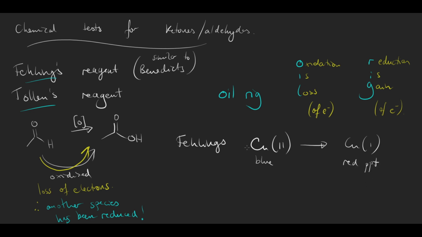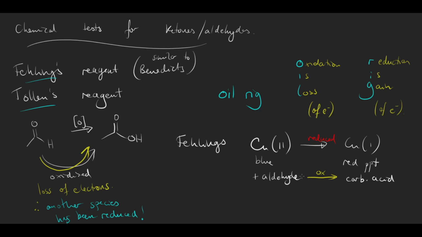So if I add my aldehyde, it is oxidized, so I end up with a carboxylic acid on this side. So let's use yellow for oxidized, and the copper has been reduced.